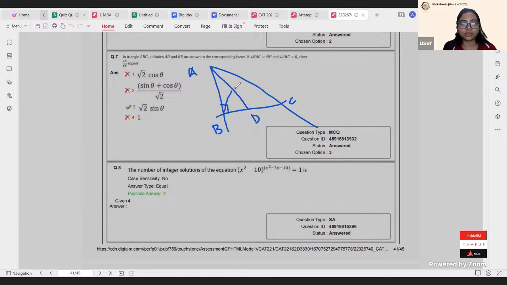These are the altitudes, so these are perpendicular to the corresponding sides. BAC is 45 degrees and ABC is theta.